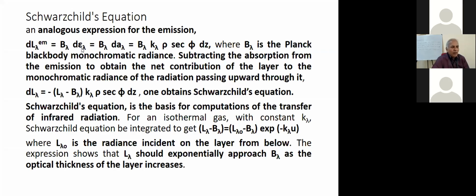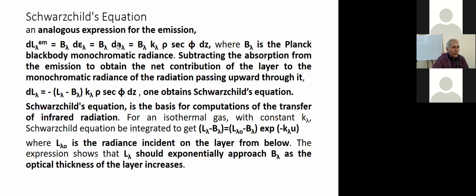Emissivity will be a function of lambda. The actual radiation emitted divided by the black body radiation is going to be my emissivity. So the amount of radiation emitted is equal to the black body radiance multiplied by the emissivity of the atmosphere which is emitting. Now if you assume Kirchhoff's law, the emissivity is the same as the absorptivity.